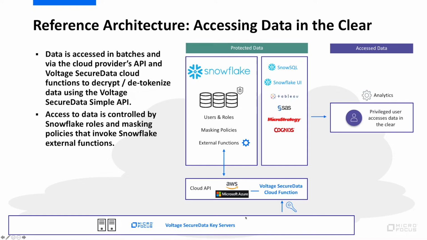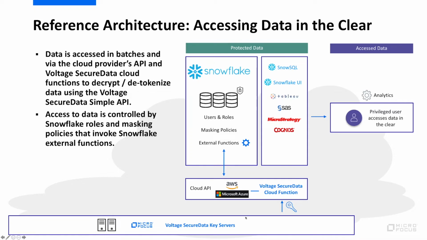So when a user has a role, and that role is allowed to invoke a function on a specific column, that function actually makes a call to a cloud API gateway.